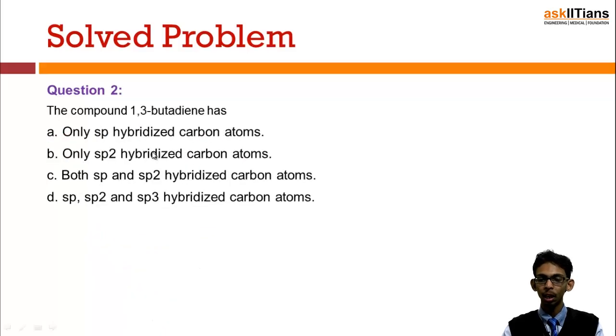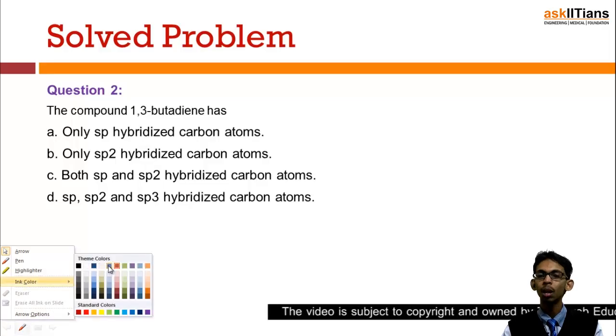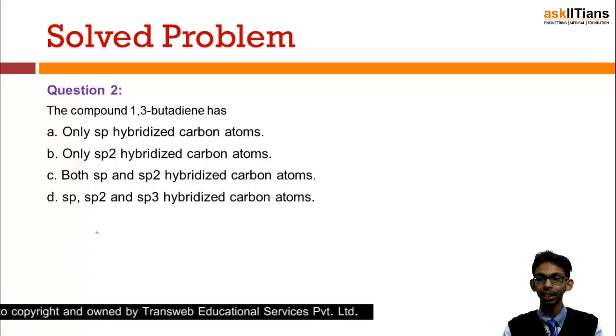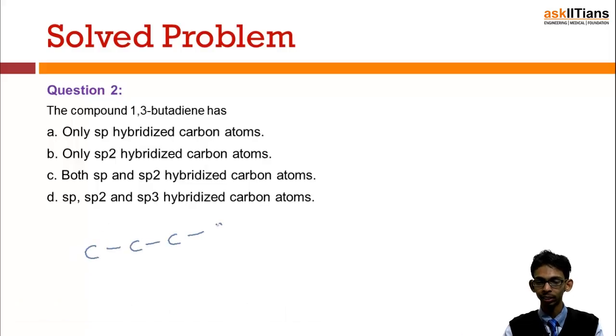Next is the compound 1,3-butadiene has. So in this question we have to find out the type of hybridization of the carbon atoms present in 1,3-butadiene. So let's write down the structure of 1,3-butadiene. First write down the skeleton of 4 carbons and a double bond at first and third position. It will be H, again H, another H, and then H2.